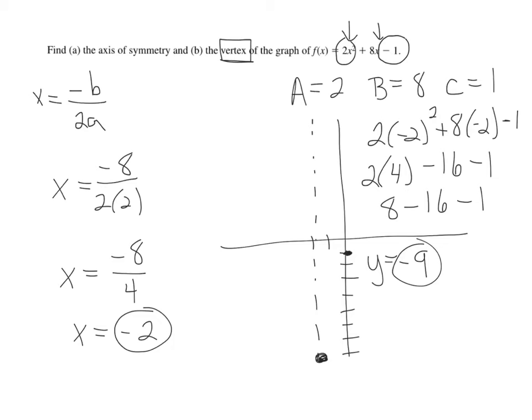So if I go up 1, 2, 3, 4, 5, 6, 7, 8 over 2, it would be the same as if I went up 8 left 2.